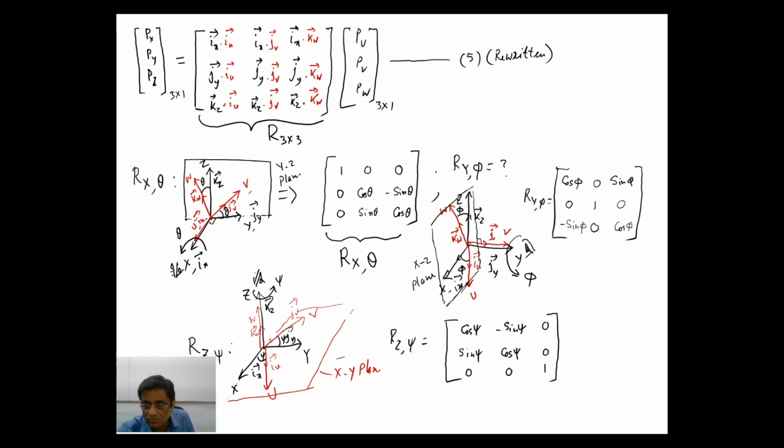One thing I suggest you observe, you don't have to remember: when you are giving rotation about the x axis, x is 1 on the diagonal, all other elements in the row and column are 0, and then cosine, sine, minus sine, cosine. Then about y, y is now 1, and all other elements in its row and column are 0, and then cos, sine, minus sine, cos. And again about z, z is 1, all other elements along the row and column are 0, and then cosine, sine, cosine.